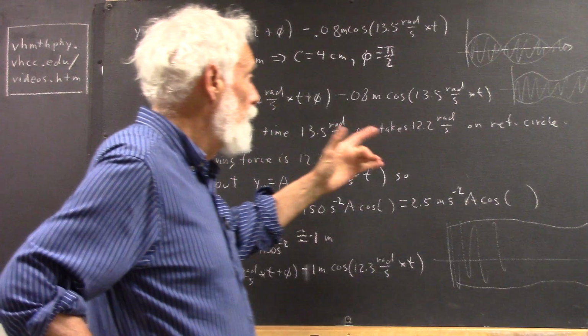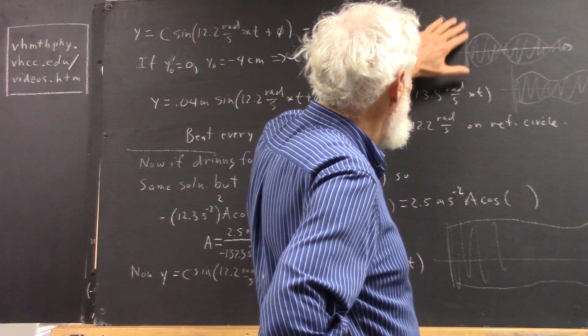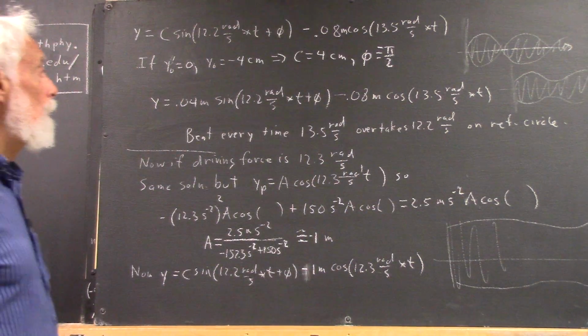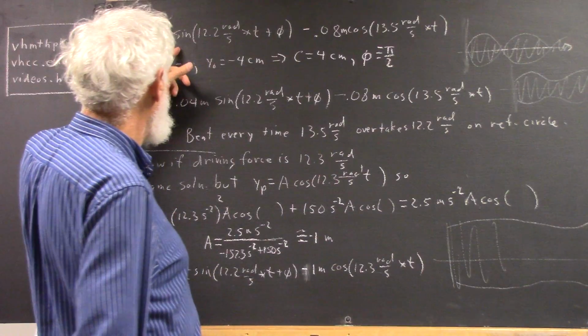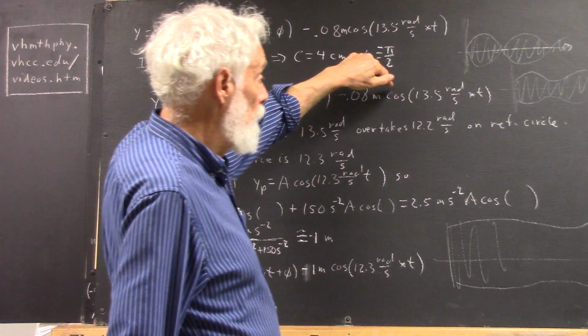What you would get out of that, and I've got a y-axis here, I probably shouldn't have one, depends on the relative amplitudes of the sine function and the cosine function.